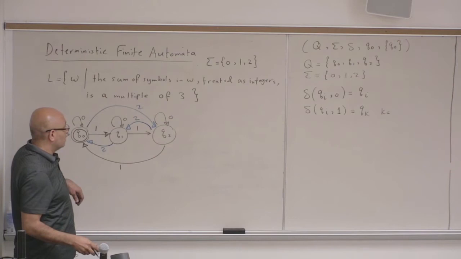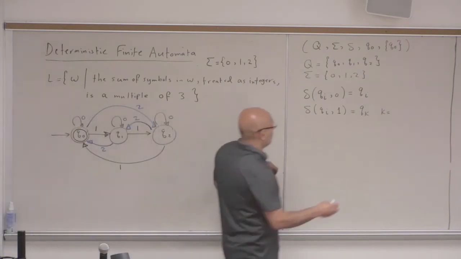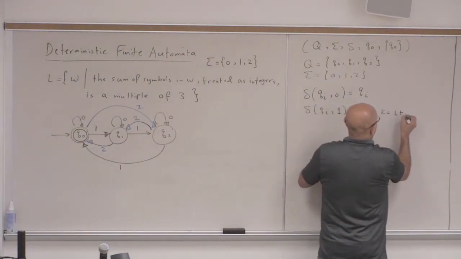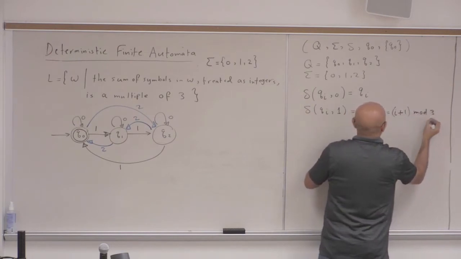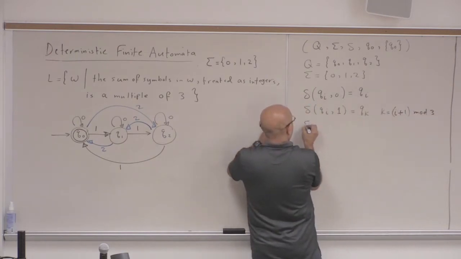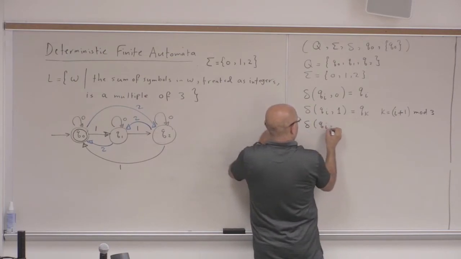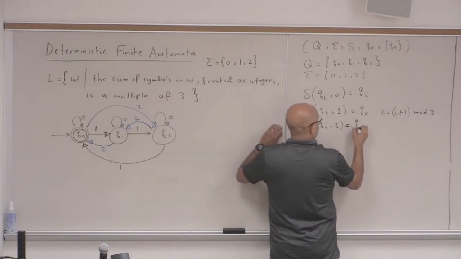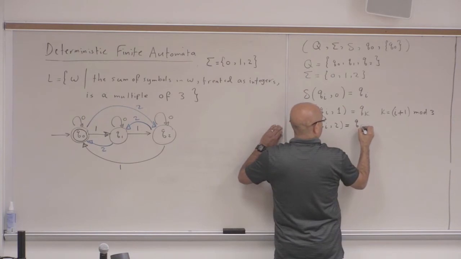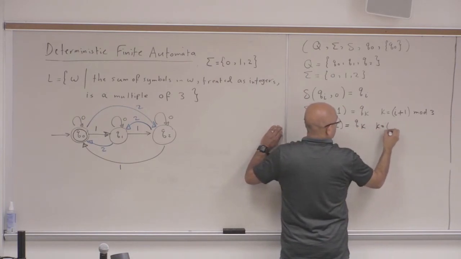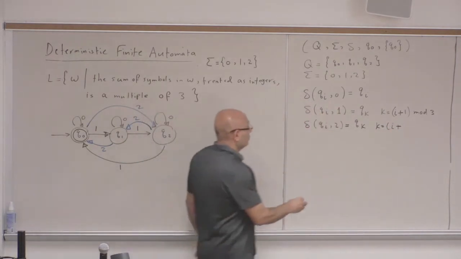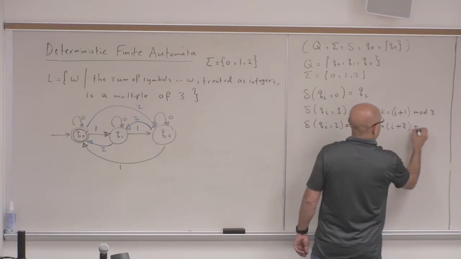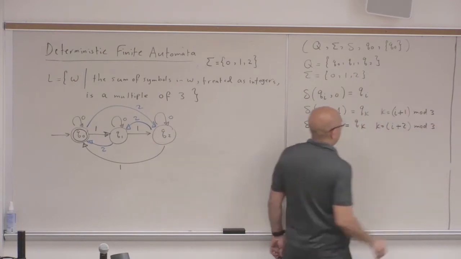I plus 1 mod 3. Yeah, exactly. I plus 1 mod 3. Now delta of Qi and 2 is Qk, where k equals i plus what? Plus 2 mod 3.